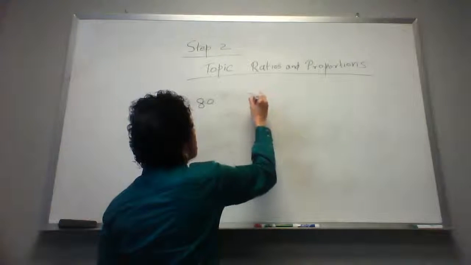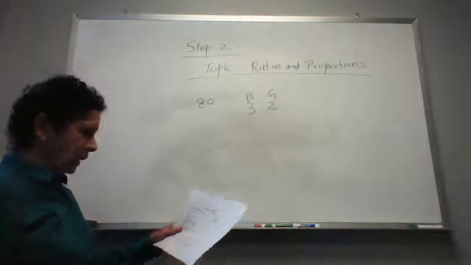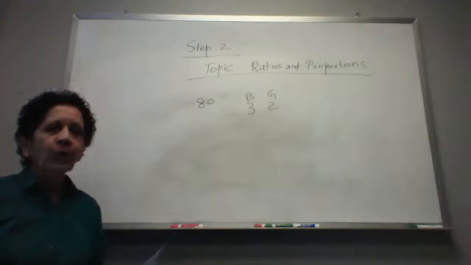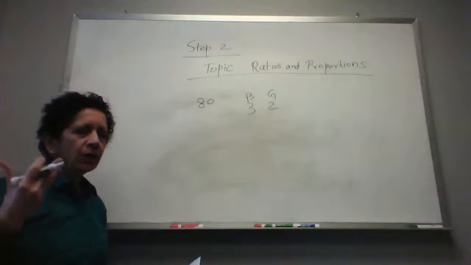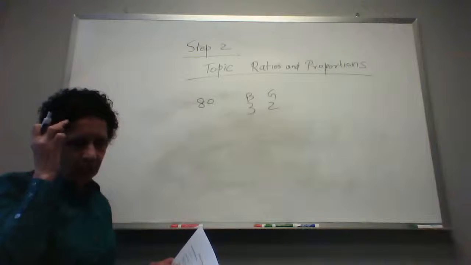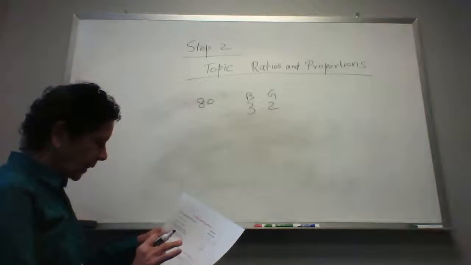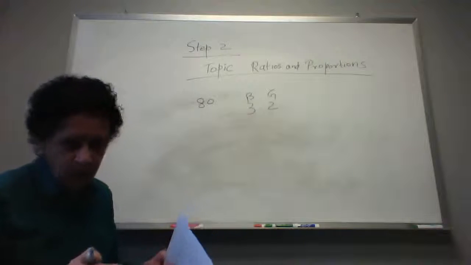So 3 boys to 2 girls, okay? So that's a ratio in that class. Now, how many boys are there? Okay, so that's a question. So in order to solve these word problems, you need to set up the problem correctly, okay? So here, what is the question? You need to ask how many boys are there, that's the question.